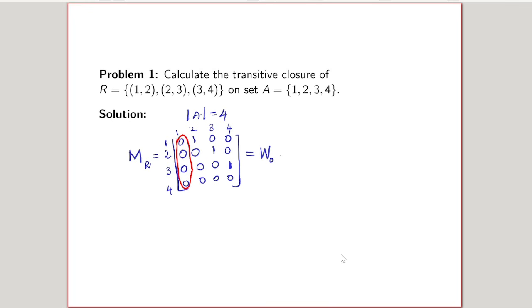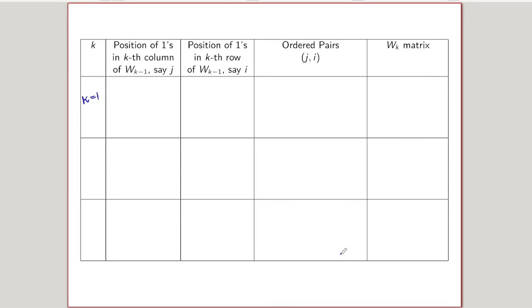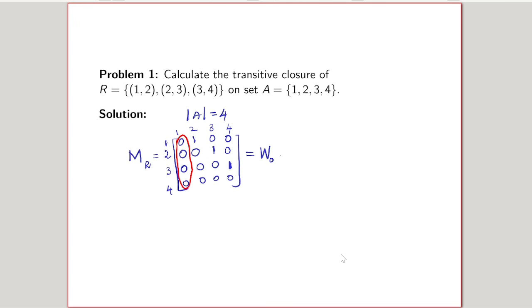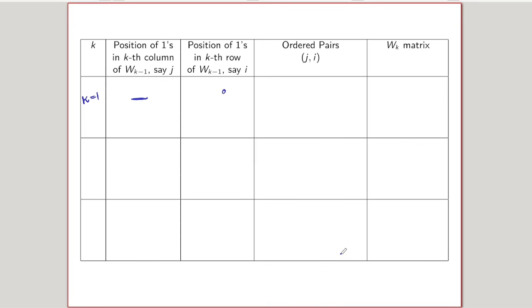In first column there is no place with 1. And similarly in first row, at second place we are having 1. So the position is second one. Since there is no entry in the column place, ordered pairs also it is not possible.